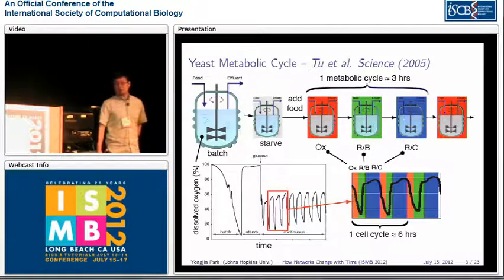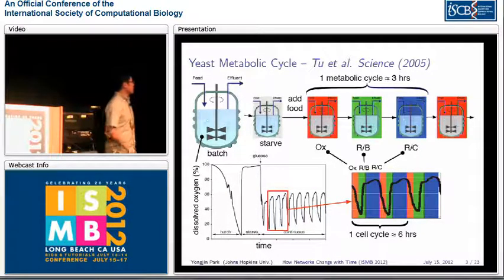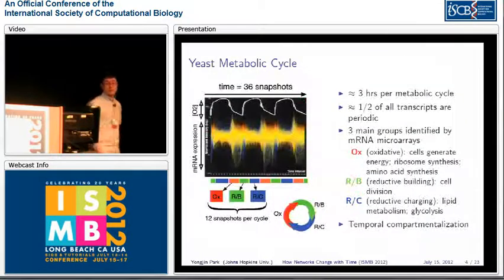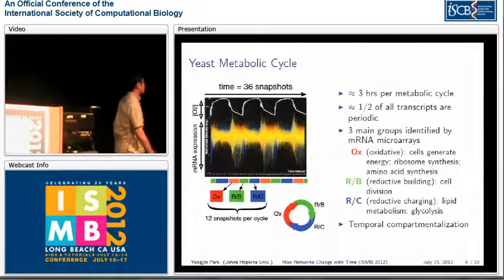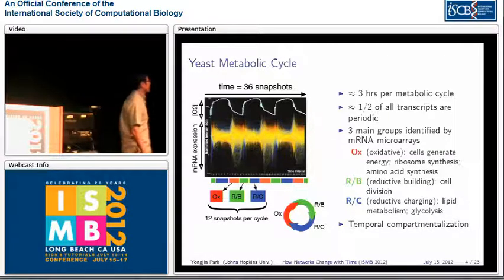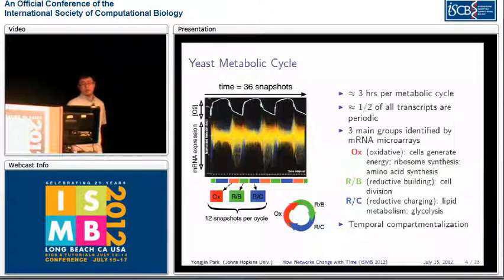In the Tu et al. paper, they characterize three specific phases of the yeast metabolic cycle: the oxidative phase, denoted OX in red, the reductive building phase, colored green, and the reductive charging phase. They studied it using microarrays. It takes about 3 hours per metabolic cycle, and about half of the whole transcriptome is periodic, in three major groups: OX, RB, and RC.